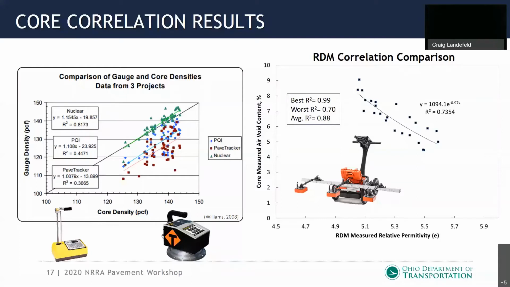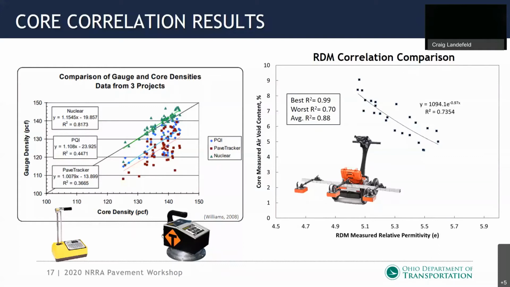But then as we established more of them, our worst R-squared coefficient was about a 0.7 on one of our projects, and we found a couple issues with some things as we went through that project and some variability there. But our average R-squared value has been 0.88 on the 7 projects that we've scanned to date and built calibration curves with. So I guess the point of this is that the accuracy, at least from our data, has appeared to be better than what we would see with a nuclear gauge on a typical project in Ohio.